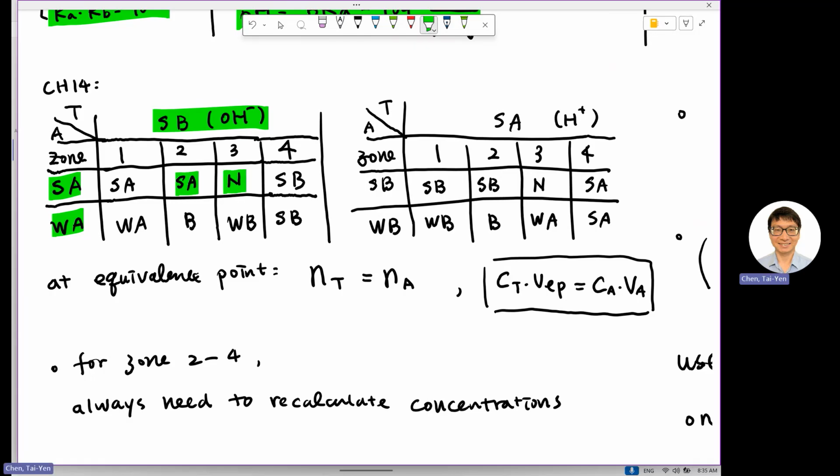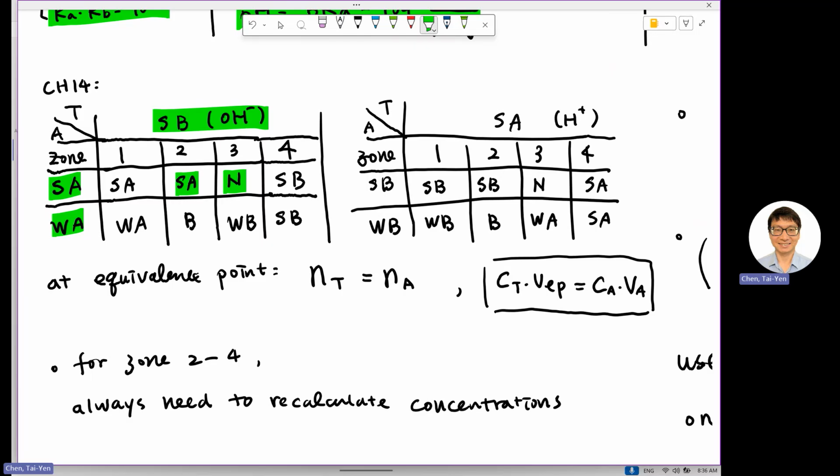When we hit zone 3, which is the equivalence point, the moles of your titrant and the moles of your analyte will be the same. In this case, you have the same amount of strong acid and strong base. The net result is that all the OH minus and H plus consume each other completely.